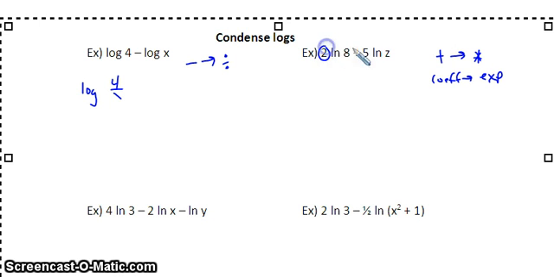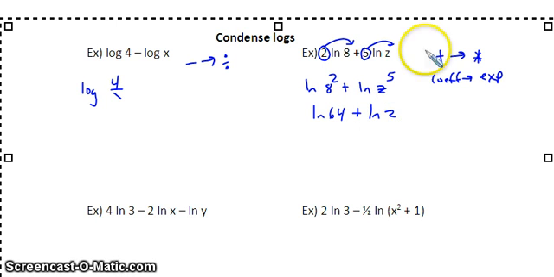So let's take these coefficients that are out in the front, and let's write them as the exponents. So this would be the natural log of 8 squared plus the natural log of z to the 5th. Anytime you can actually work with this number here, 8, and square it, do that. So we get the natural log of 64 plus the natural log of z to the 5th.